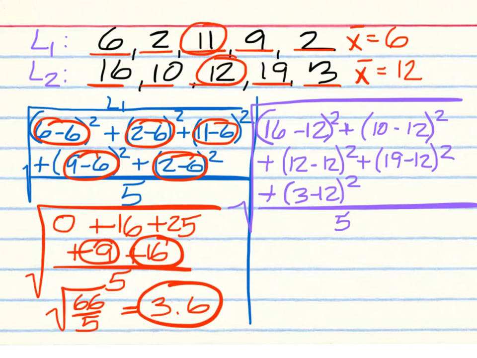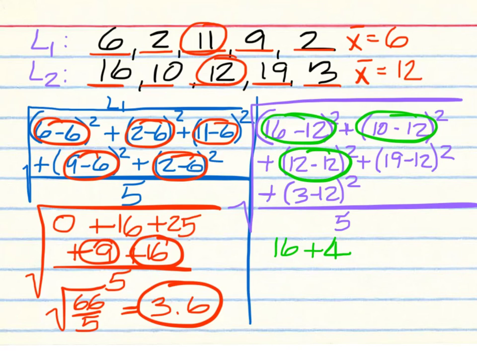If we simplify this, we'll have 4 squared is 16, negative 2 squared is 4, 0 squared is 0, 7 squared is 49, and negative 9 squared is 81.